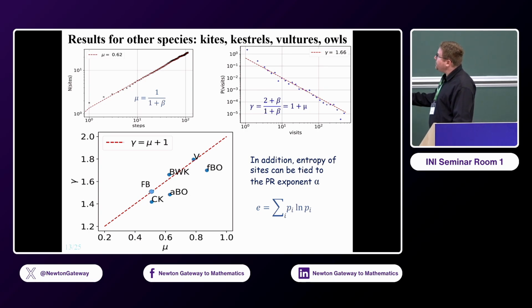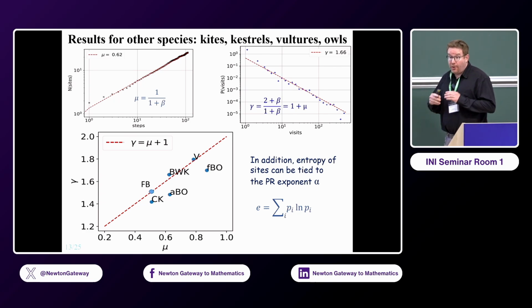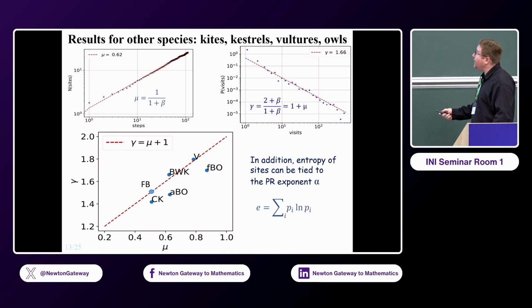And you see that this is a straight line as well. You can connect the exponent here, gamma, to mu or beta, doesn't matter, only if alpha equals 1 in the theory. So for alpha equals 1, there is a very simple connection between these two exponents. For alpha different than 1, it's very complicated to connect, but you can do it numerically.